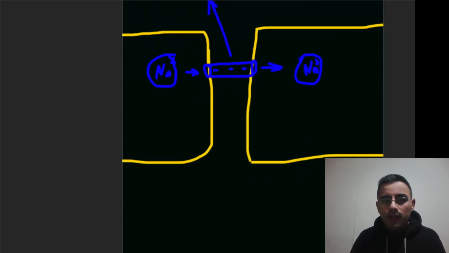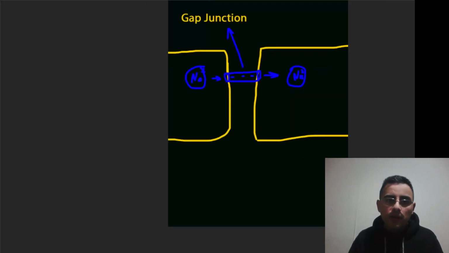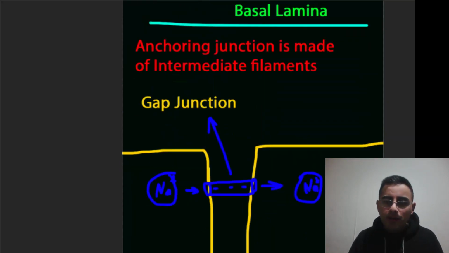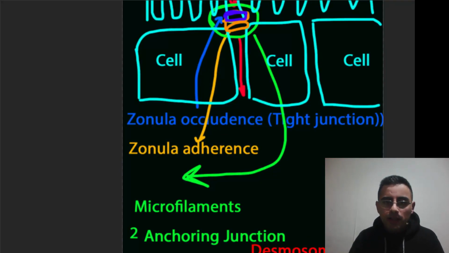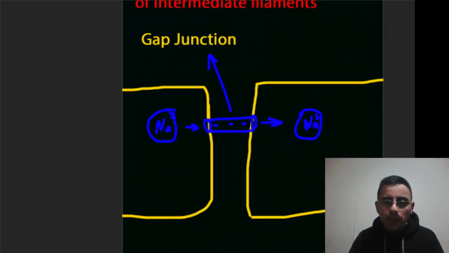So we need this gap junction for transport between cells. With the barrier junction, we need a barrier for paracellular transport. The gap junction we need for helping transport between cells.